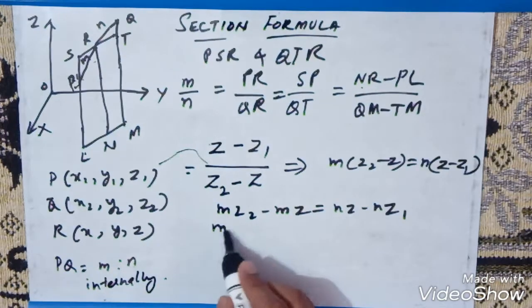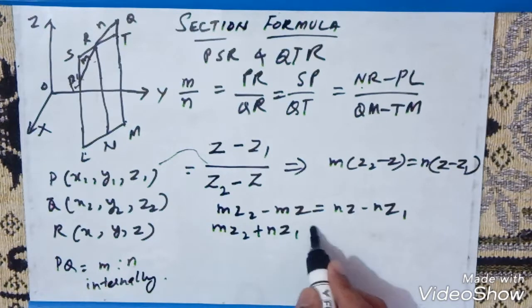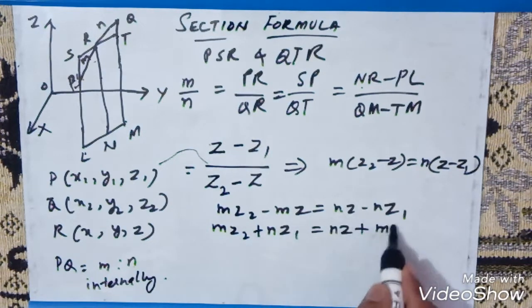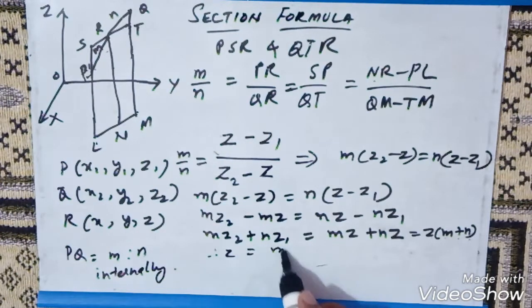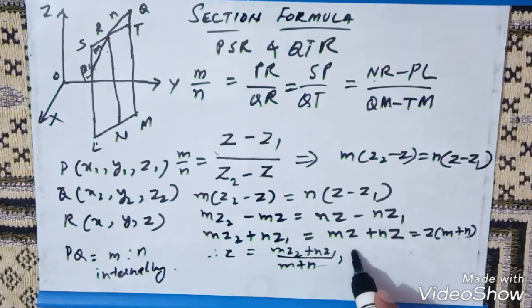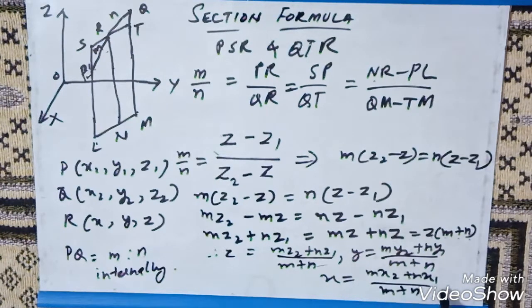Now let us take this m z2 as it is, and take the minus n z1 to the right side, it will become plus n z1, and this is n z plus m z. Taking z common, you will get m plus n. Now take it to the left side, z will be (m z2 plus n z1) divided by (m plus n). Similarly you can get the values for y, (m y2 plus n y1) by (m plus n), and for x, (m x2 plus n x1) by (m plus n). So these are the values for x, y, z, the section formula.